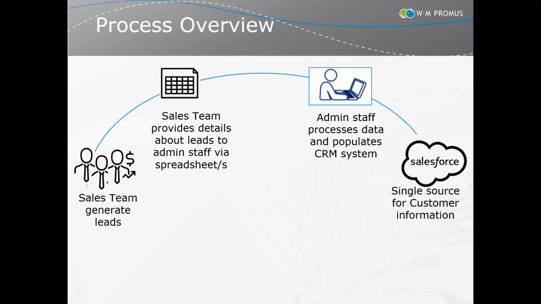The organization wants to easily be able to track and manage the potential leads. To do this, they use a customer relationship management system known as a CRM. Salesforce is a well-known CRM system, and it is the one that we will use for our demo today.